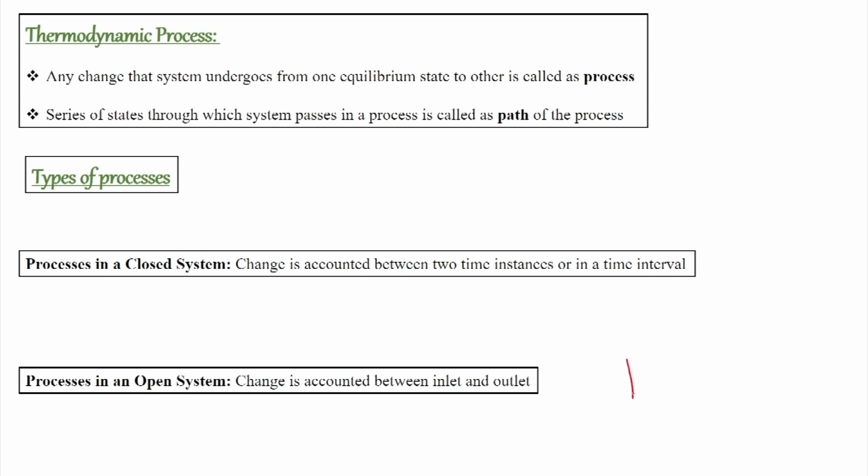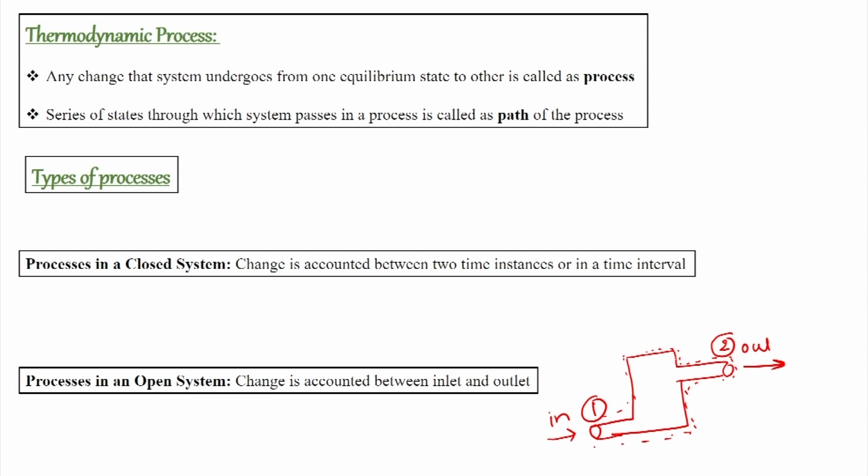When we look at processes in an open system, we consider an example where there is an inlet and an outlet for one system. This is the system of our interest; this is in and this is out, and this is station 1 and this is station 2. The system has a certain mass entering at station 1, and that mass has certain properties, and a certain mass leaves at station 2 with certain properties.